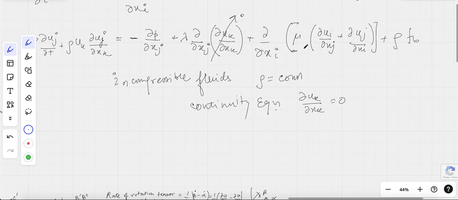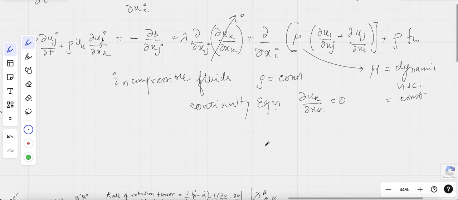If mu is also constant, for constant dynamic viscosity, we can bring this part inside.